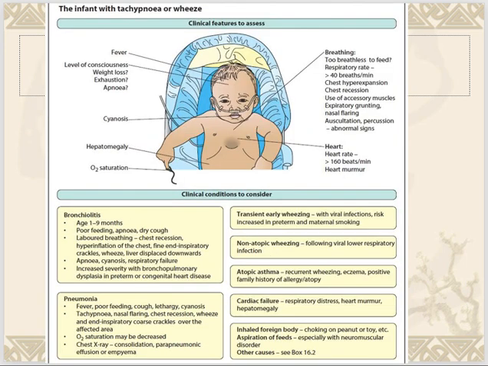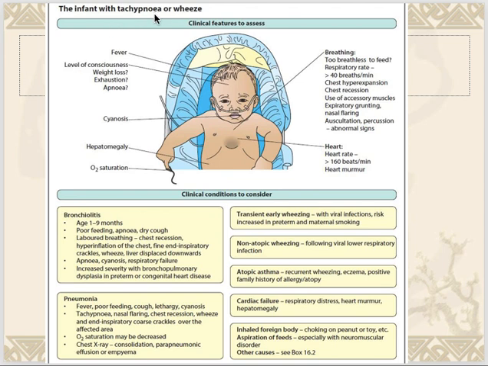Then comes an infant with tachypnea or wheezing. Now, a very easy way, guys, see.